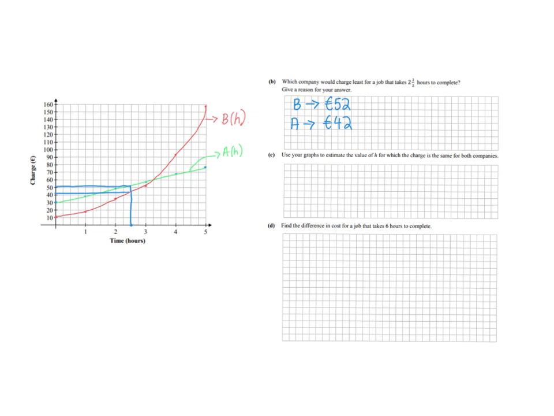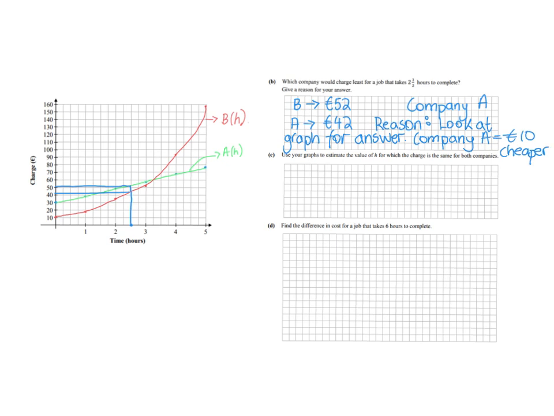So when you're talking about which company charges the least, it's going to be company A. And then when giving a reason for your answer, you can just say look at the graph for your answer. And we have company A is €10 cheaper.